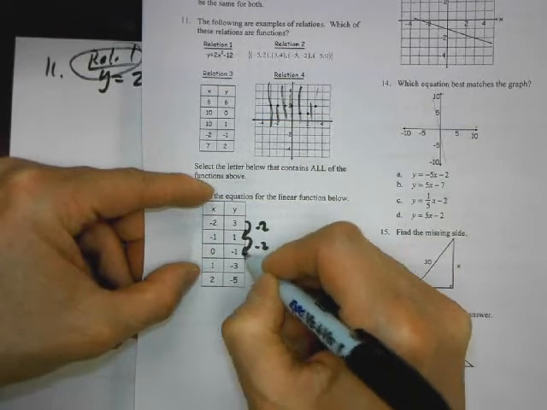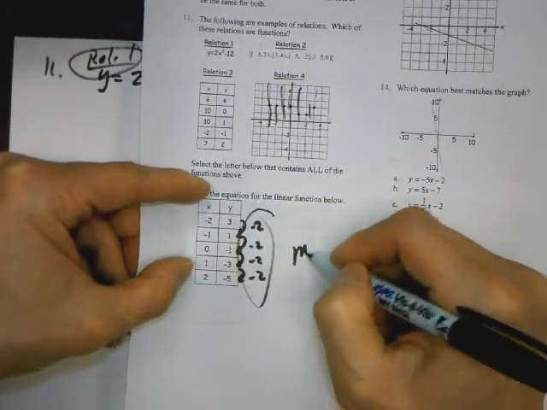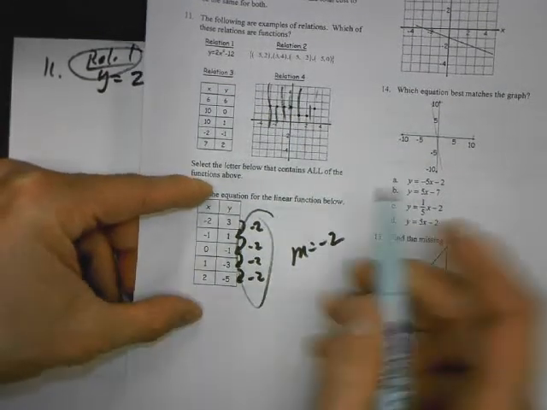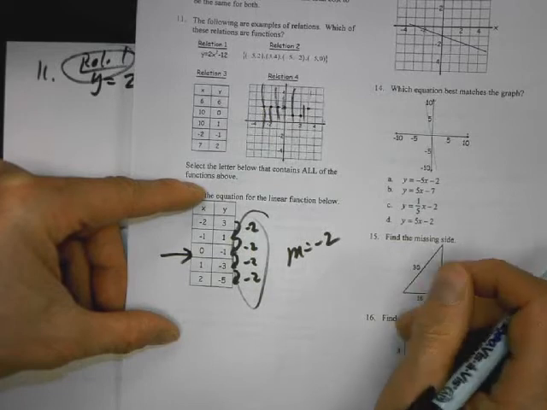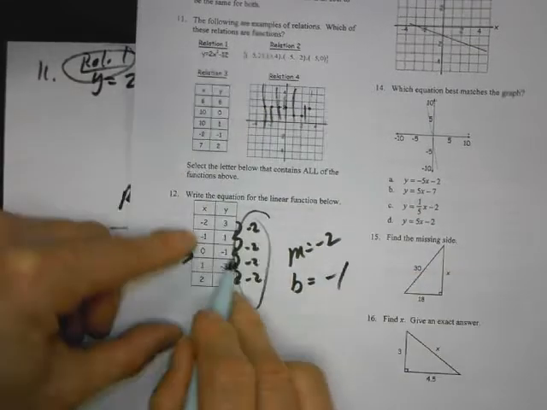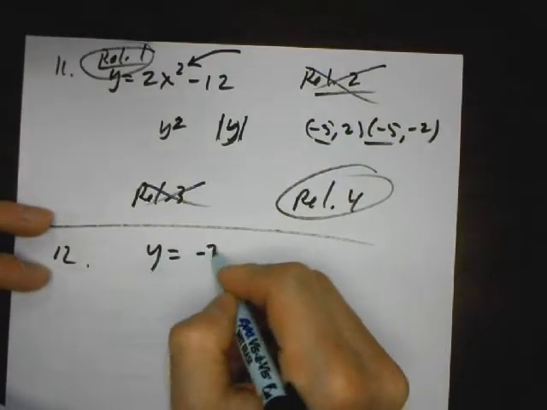It goes down 2, goes down 2, goes down 2. If the rate of change is constant, rate of change we learned is called slope. So we already know the slope. And look, they give us a y-intercept, thank you. If they say x equals 0, that's the y-intercept. -1. So this one's done. Equation is -2x minus 1.